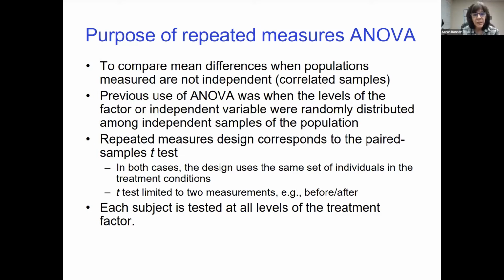Each subject in a repeated measures analysis of variance has to be tested at all times, or this doesn't actually have to be times. It could be at all dosage levels, at all types of brief intervention. But it's important that everyone has complete data.